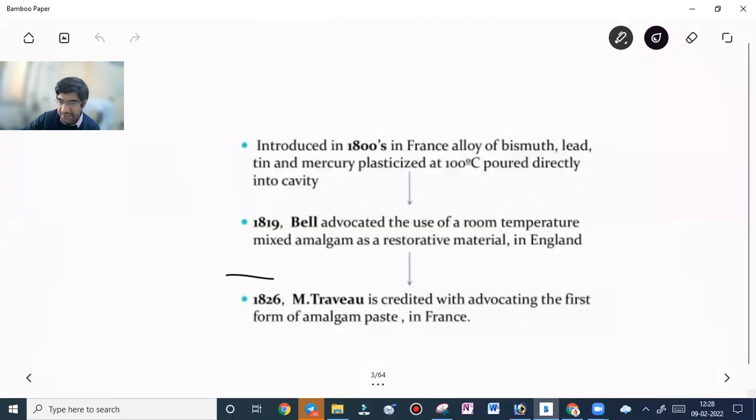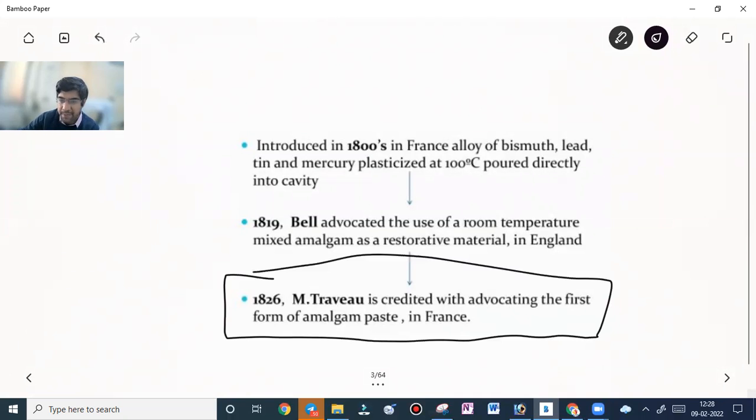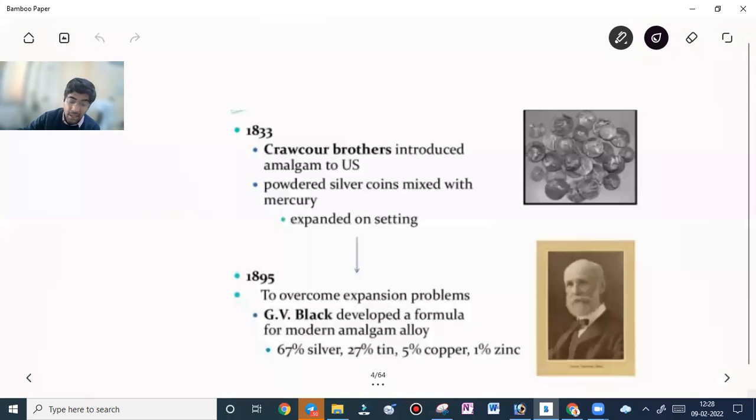In 1826, Mr. Traveau is credited with advocating the first form of amalgam paste in France. Another very important thing to remember for the exam is that amalgam was introduced to the USA by the Crocker brothers in 1833. What they did was mix powdered silver coin with mercury, which expanded on setting.